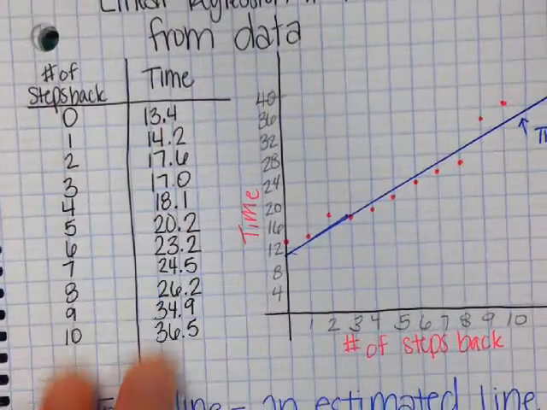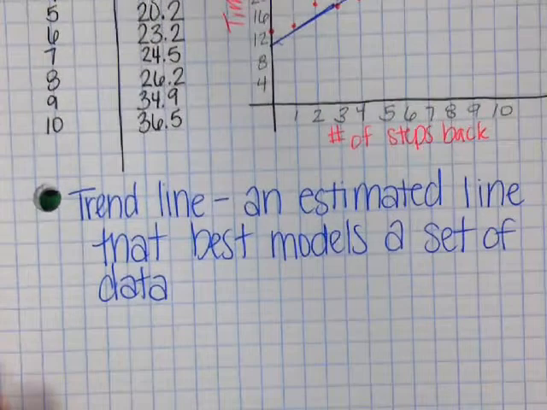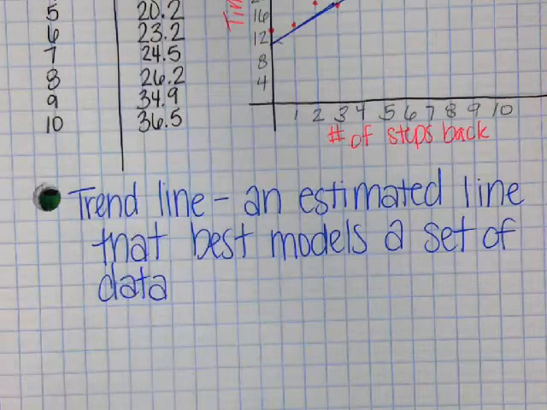When we actually type this data into a calculator and it gives us an equation of a line, that's when it's called something a little bit different. So a trend line is just an estimate.